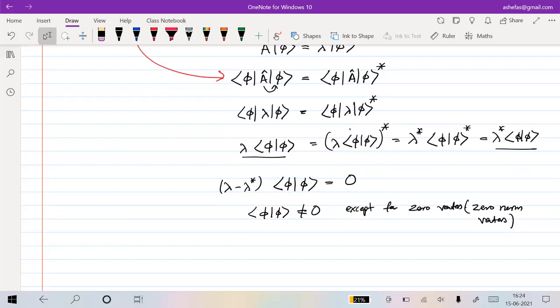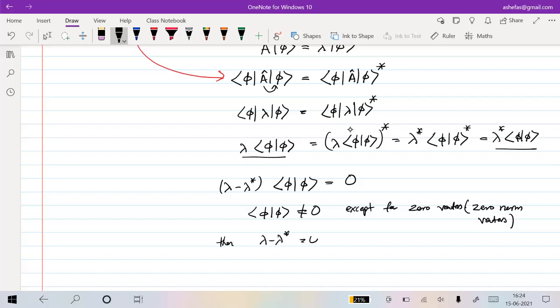That is a trivial situation, where phi becomes 0, and it can be neglected. So usually the inner product phi phi would be non-zero because the norm of the vector is non-zero for non-zero vectors.